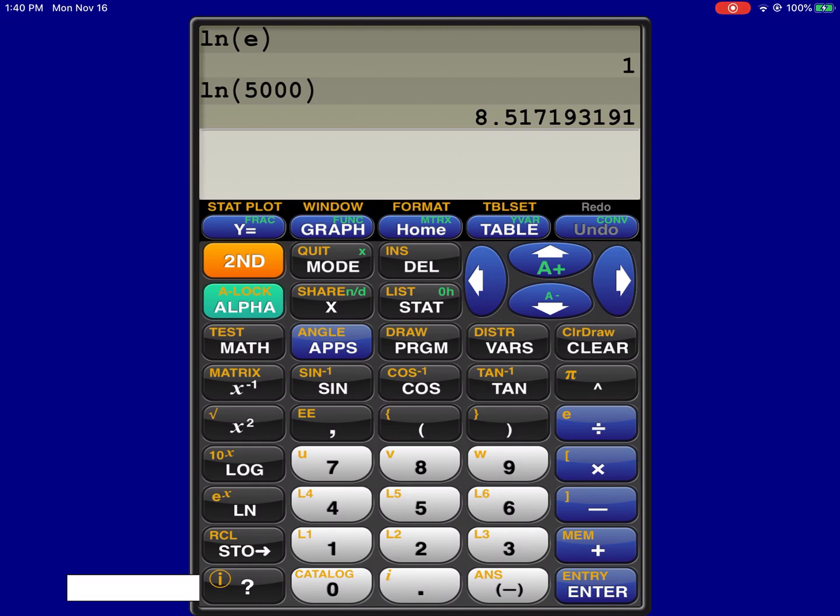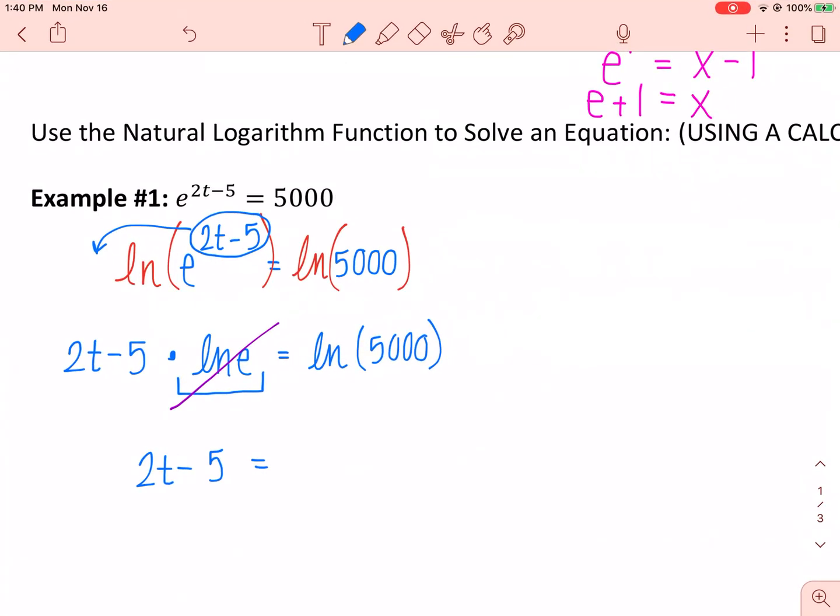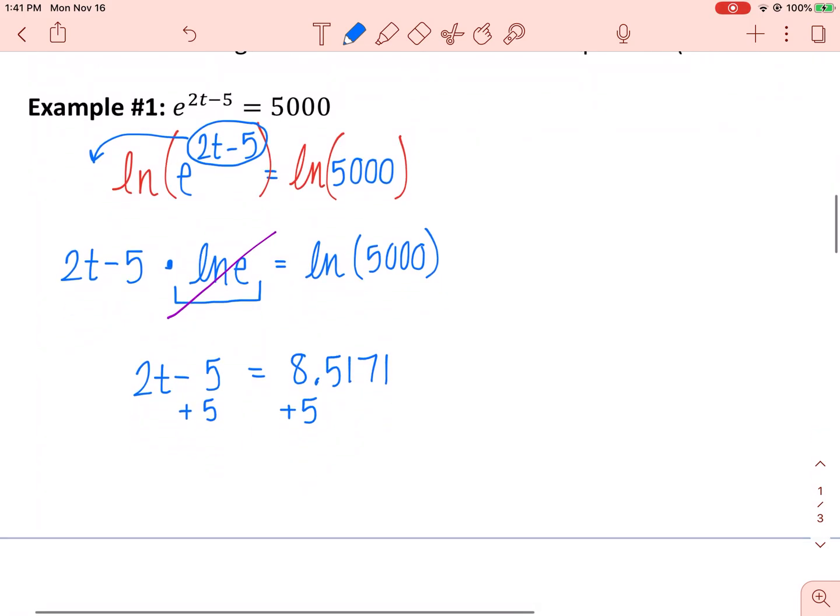That happens, okay? 8.5171. I'm going to solve for t, so that means I'm going to add 5. Keep going, you'll divide by 2 to get t by itself to be about 6.759.